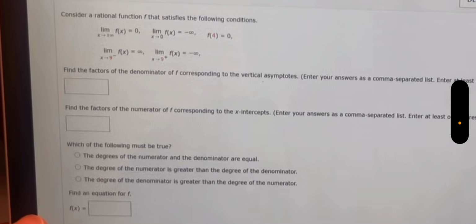The second case is when the degree of the numerator is equal to the degree of the denominator. We worked several examples where that was the case. So then the horizontal asymptote is going to be the ratio of your leading coefficients. We did it with the calculus context. And then the third scenario is where the degree of the numerator is larger than the degree of the denominator by 1 degree.